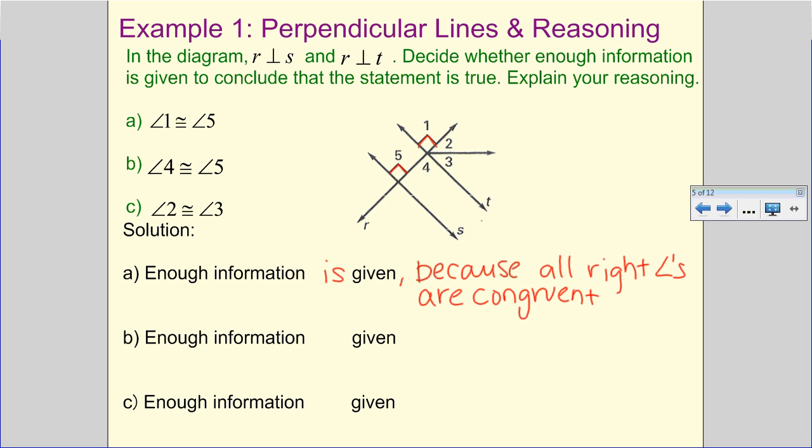But instead of stating 3.1, I just tell you why I know that: because all right angles are congruent. So for B, angle 4 is congruent to angle 5. Well, enough information is given for that one, because when two lines are perpendicular, it creates four right angles. So that means angle 4 is also congruent to angle 5.